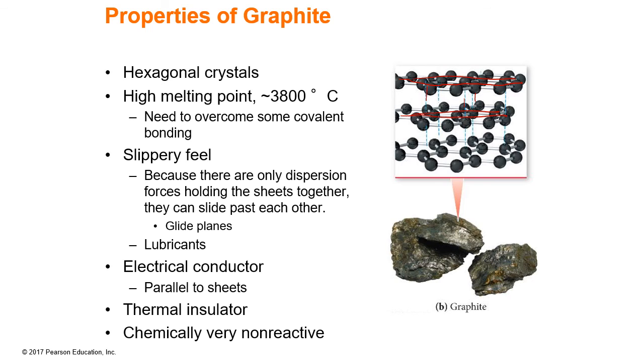And so that makes graphite very slippery because those sheets will slide over each other. It's frequently used as a lubricant. It's also why graphite is used for pencils, because it's easy to shed those layers of carbon atoms. So the same element can have very different properties based on its crystal structure.